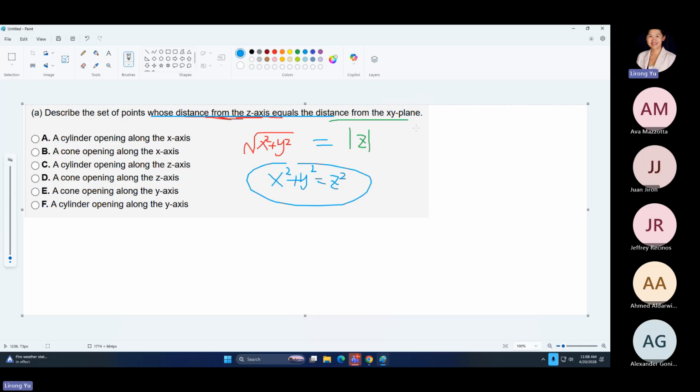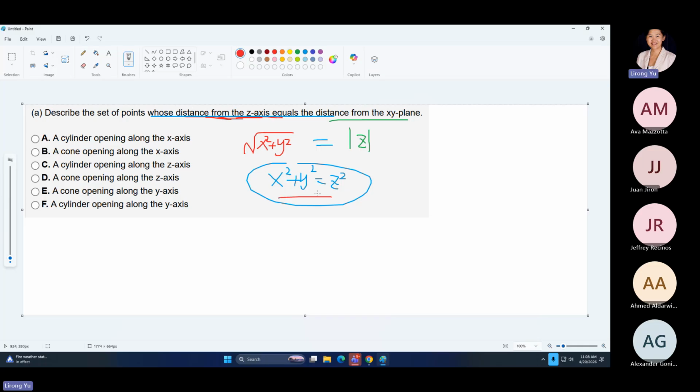If x equal to 0, then y equal to z or y equal to negative z. If z equal to 0, then x equal to 0 and y equal to 0. If y equal to 0, then x squared equal to z squared, so x equal to z or x equal to negative z. So this is a cone.